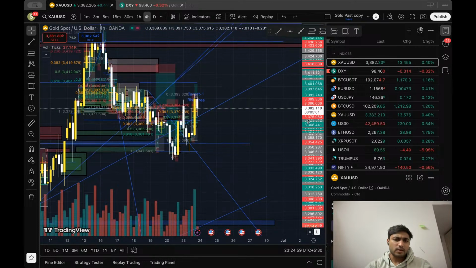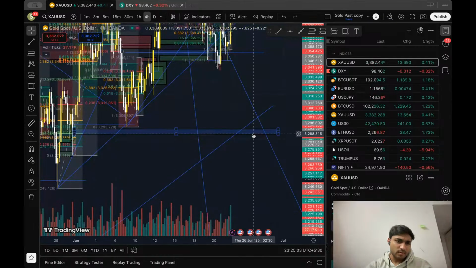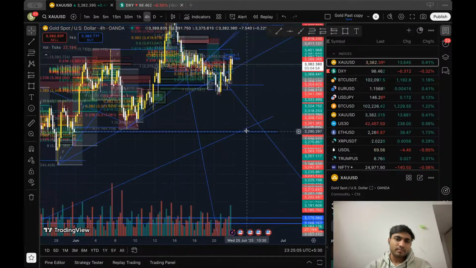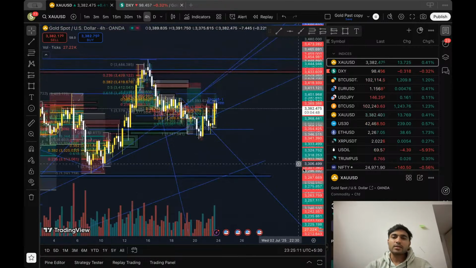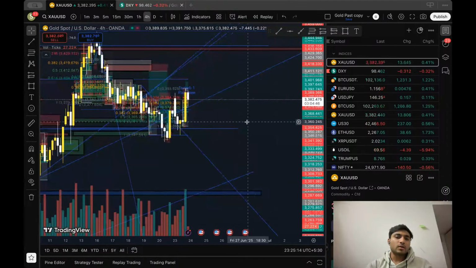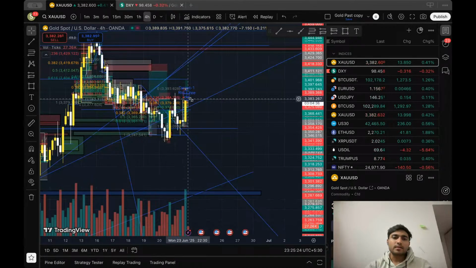I don't know, would it work? What trend line is this? I don't really trust these trend lines. The 4 hour is really intriguing in buying, showing me to buy, right?